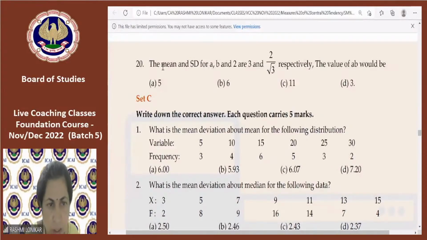The mean and standard deviation for A and B are this and this respectively. What would be the value of AB? The mean and standard deviation for A and B are 2 and 3. What are they asking? The value of AB.